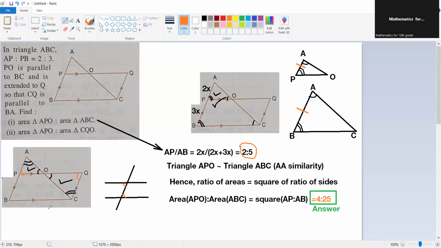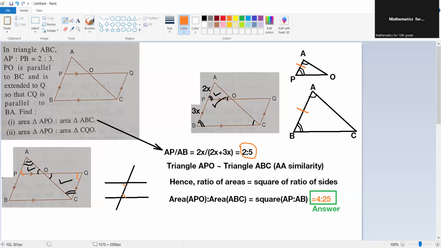Now let's see if we have the ratio of sides. We know that AP is to PB is 2 is to 3, and AP is to AB is 2 is to 5, like said earlier.